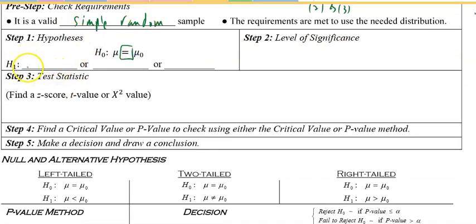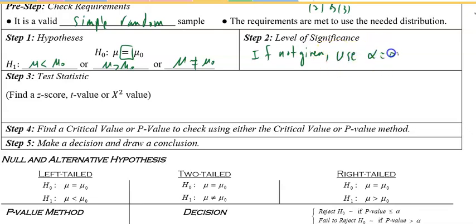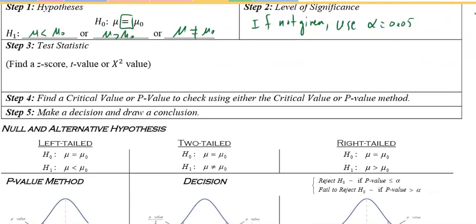The alternative will say it should be less than, or greater than, or not equal. Not equal is two-sided, so we take 2 times the probability. Level of significance: if not given, we use 5% as a guiding principle. If they want to change that, they have to tell us.